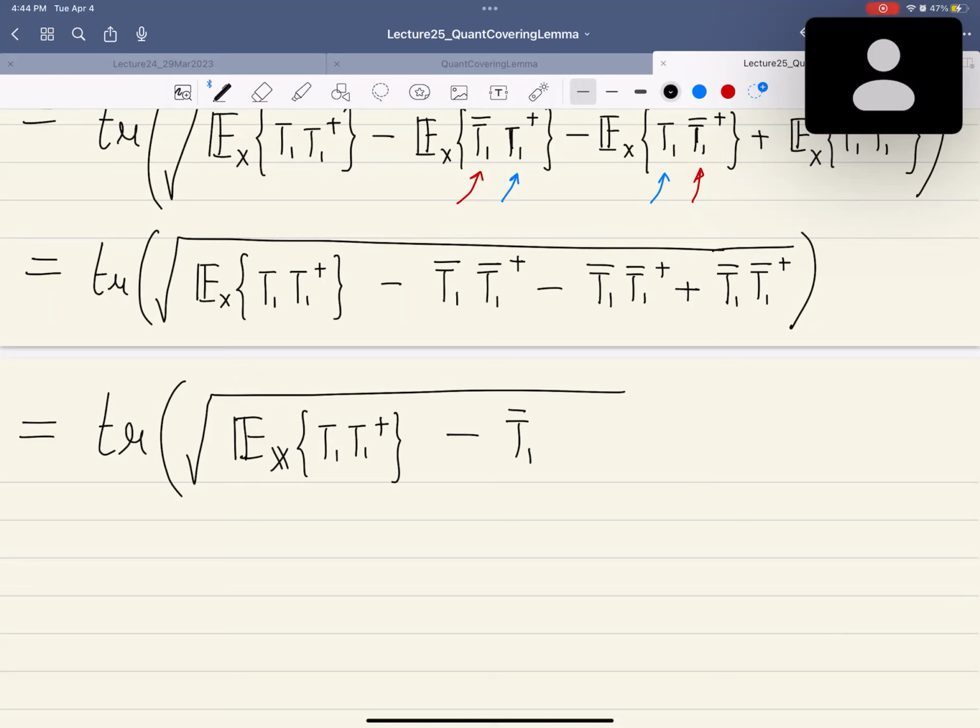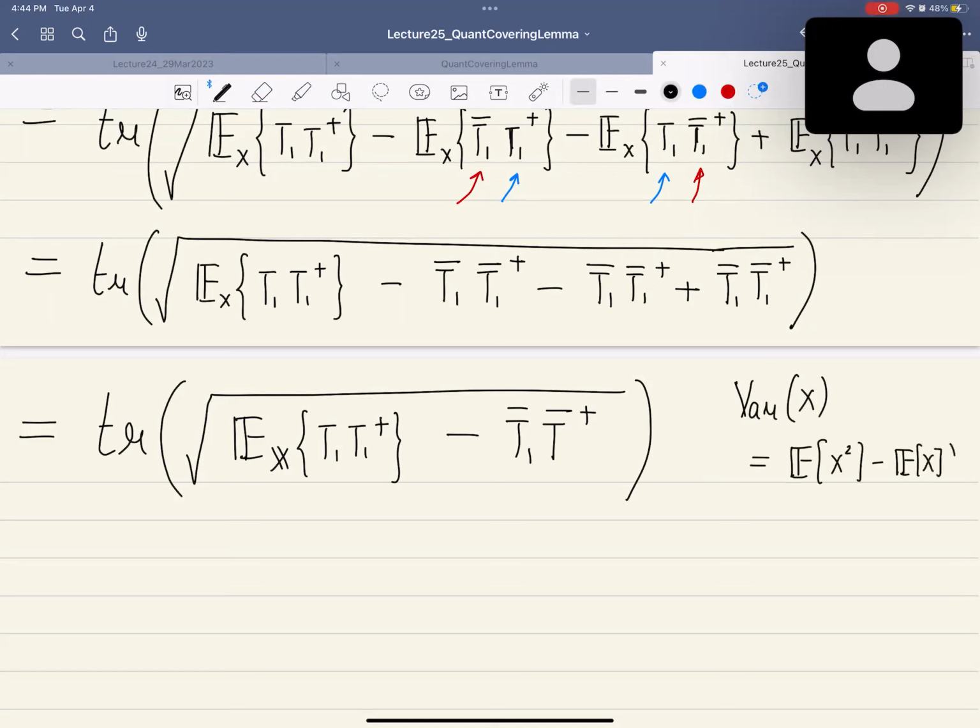This looks complicated, but it's like the variance of X: expected value of X squared minus the expected value of X whole squared. This is the operator equivalent of it. That's all, so you end up with this.